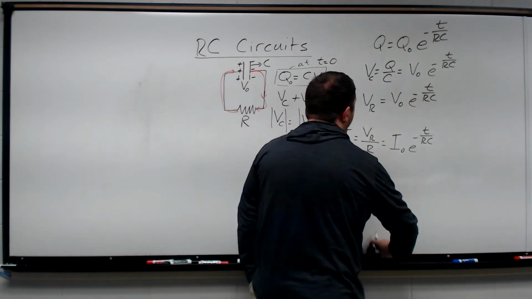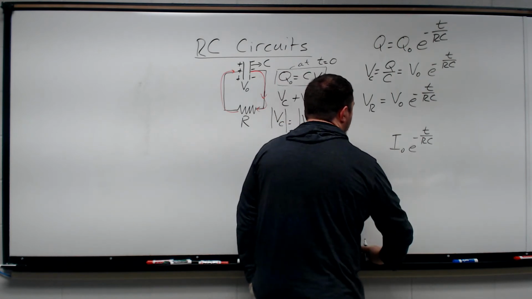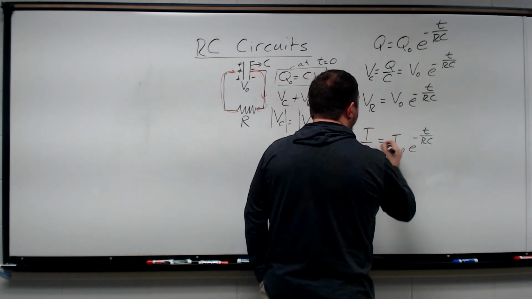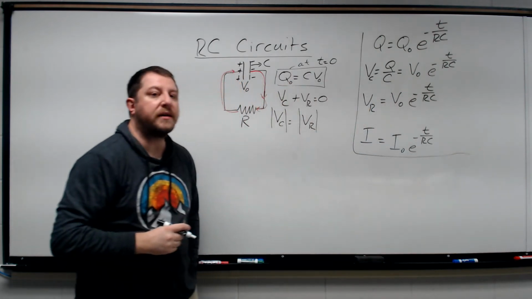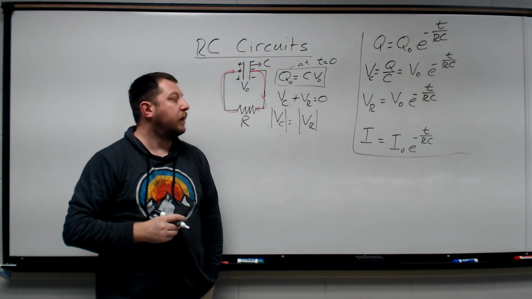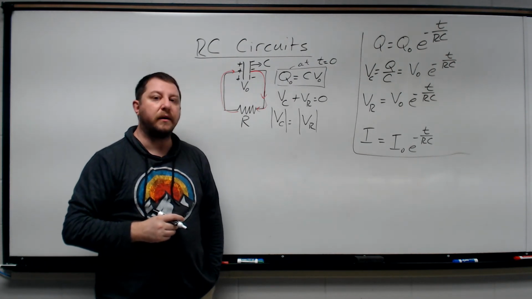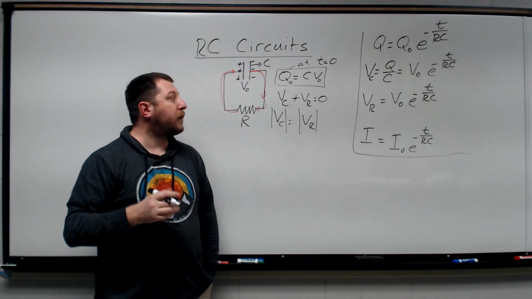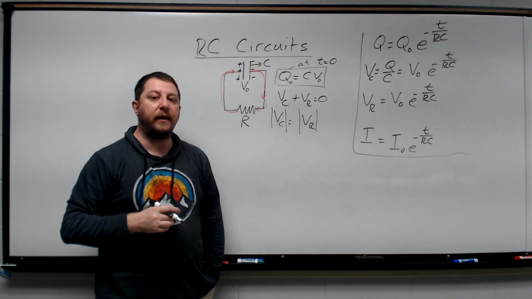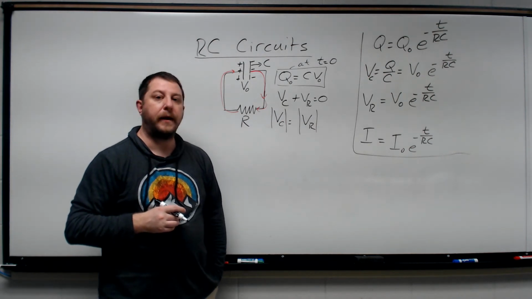And so all of the quantities of interest, the charge across the capacitor, the voltage across the capacitor, the voltage across the resistor, and the current through the circuit, all follow an exponentially decaying form here, okay?